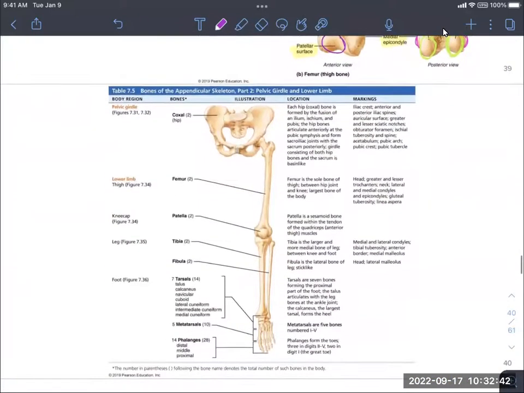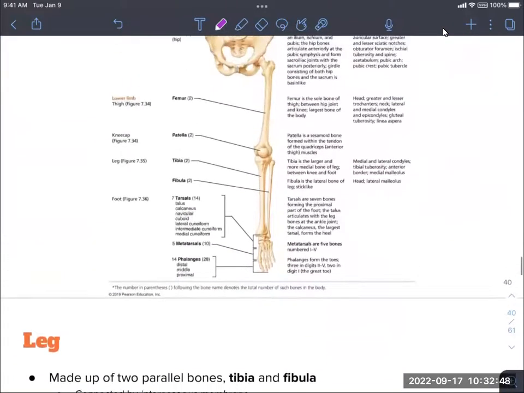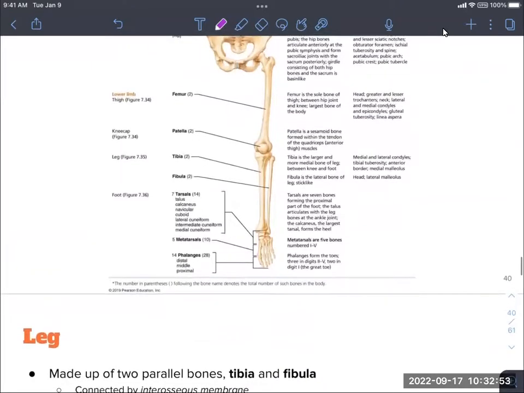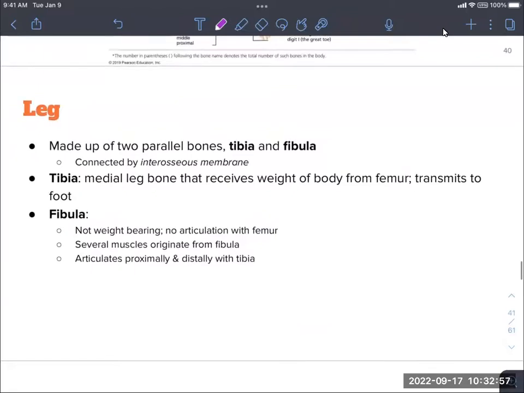So here's a chart from your book that looks at all the different parts of the leg from all the way from the hip all the way down to the phalanges, which are also your toes. But let's keep working. We've got our tibia and our fibula here. Those are the two bones that make up your leg.